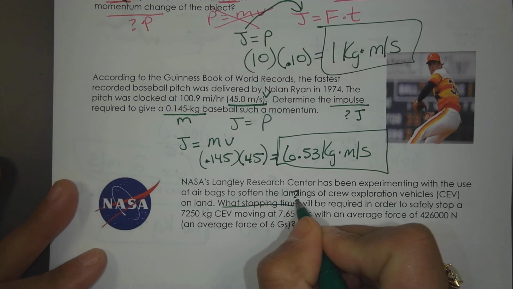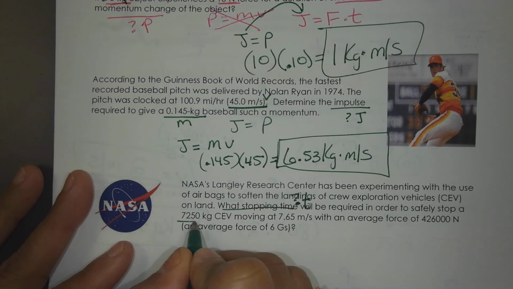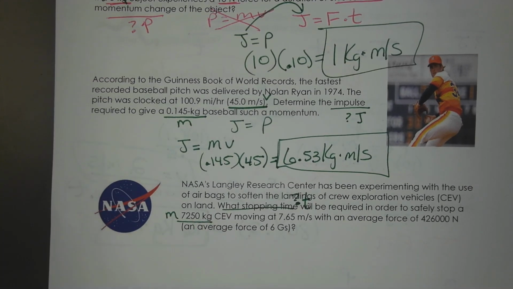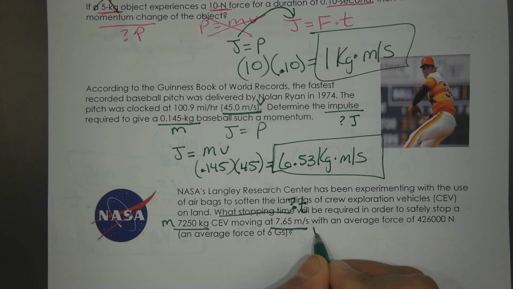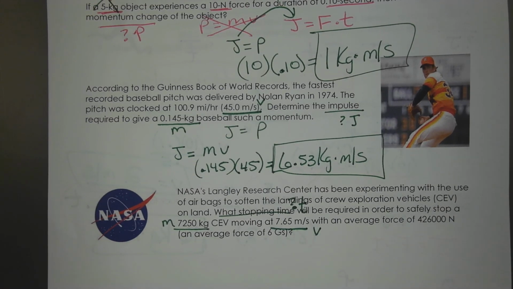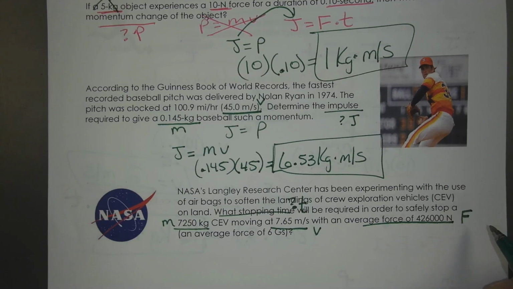I'm going to put a little question for T. What stopping time will be required in order to safely stop an object that has a mass of 7,250 kilograms. Thank goodness it's in kilograms. I don't have to convert. Moving at a velocity of 7.65. And they also gave us an average force in F.